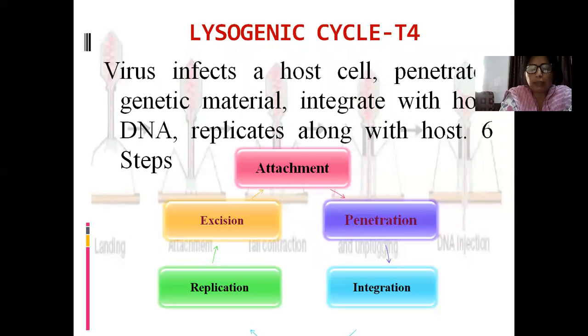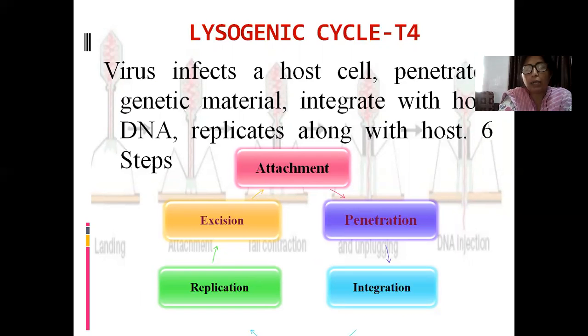Lysogenic cycle. In the lysogenic cycle, the virus infects a host cell as it does in the lytic cycle. It penetrates the genetic material. The genetic material gets integrated with the host DNA and replicates along with the host. All this process completes in six steps.